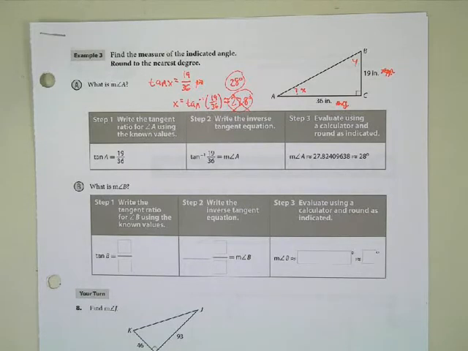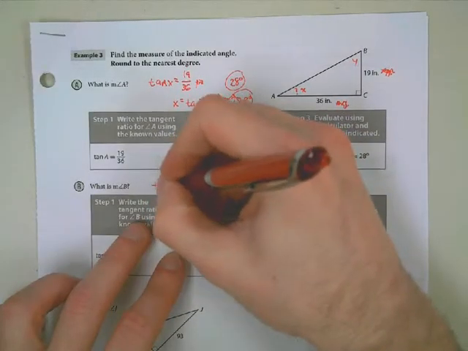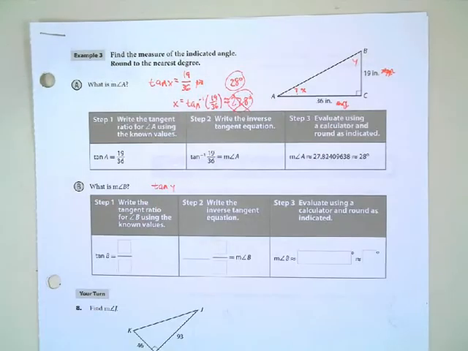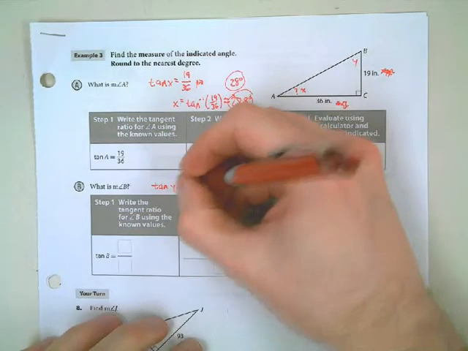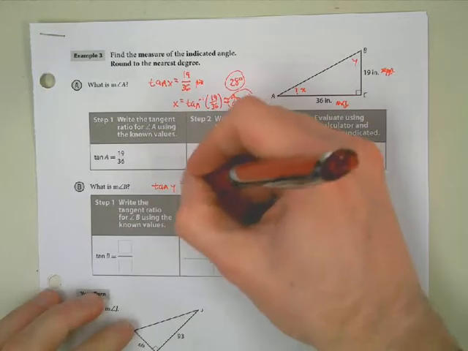Tangent, that's right. So we're going to use tangent. Tangent of y, our angle y there, is going to equal what over what here, Taylor? 36 over 19. You got it.